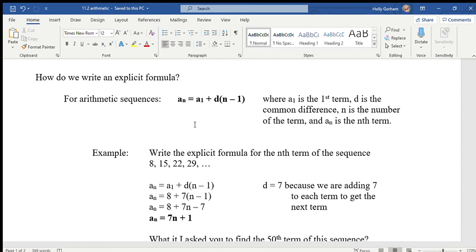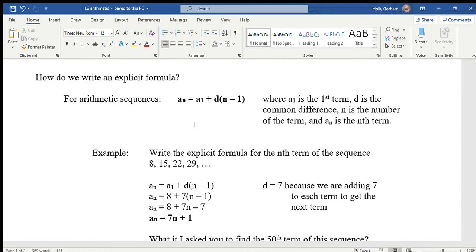It says write the explicit formula for the nth term of a sequence, 8, 15, 22, 29. So think about what you're adding. Your d value is 7 because you're adding 7 to every term to get the next one.